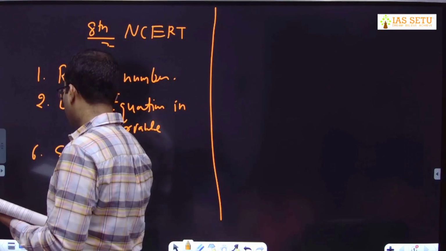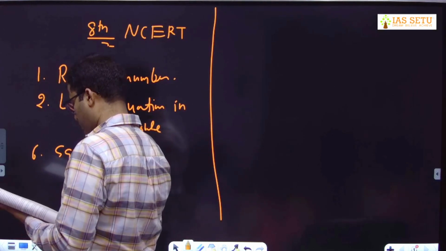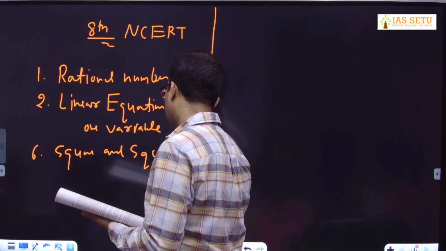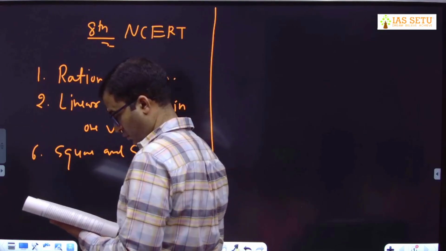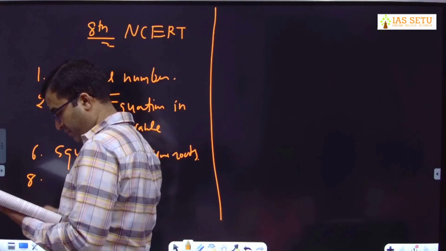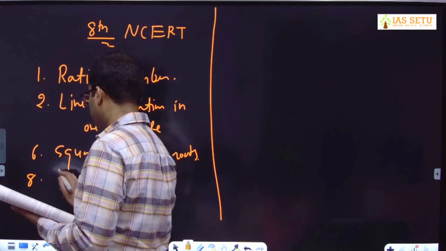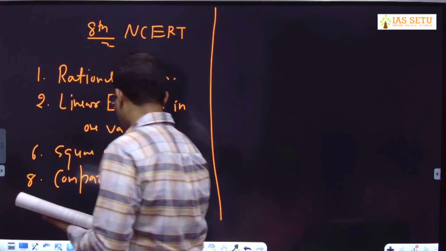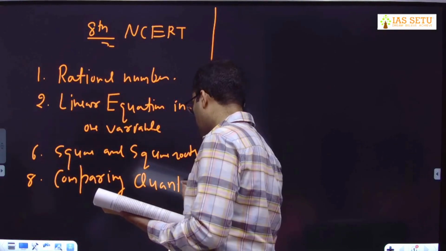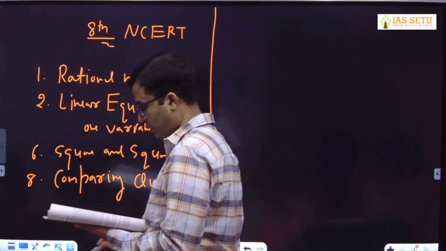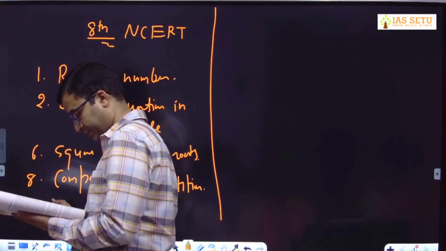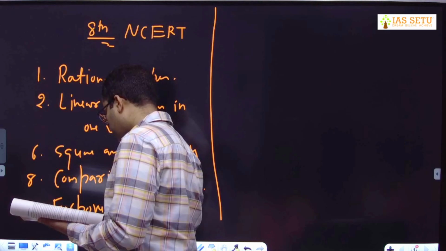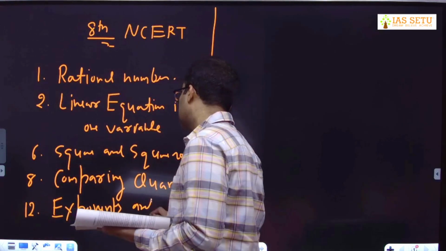Chapter number 6, squares and square roots. Don't do cube root, we don't need it. Chapter number 8, comparing quantities. Chapter number 12, exponents and powers.